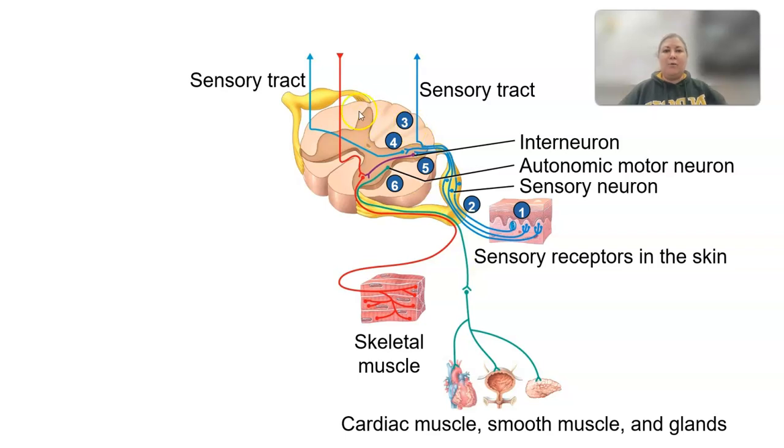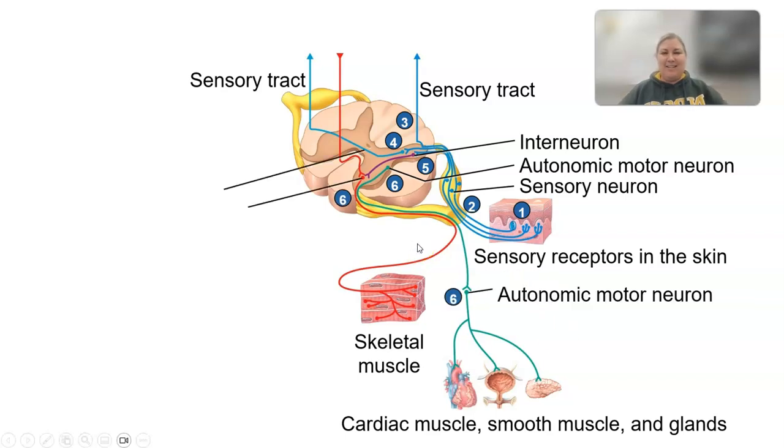This is actually the same orientation as the diagram that we were looking at earlier. So remember, this larger fissure, this larger kind of crack, is always at the front or the anterior side of our spinal cord. And so eventually that can make it all the way down to muscles, or depending on what the sensation was, it might trigger, maybe your heart rate speeds up. Hopefully it doesn't activate your bladder, but it could go to other muscles, glands, and nerves as needed.